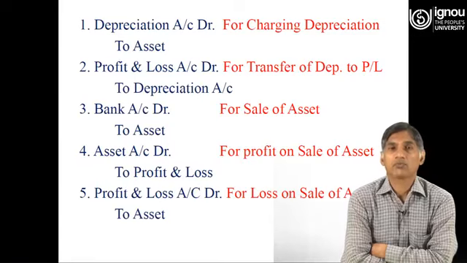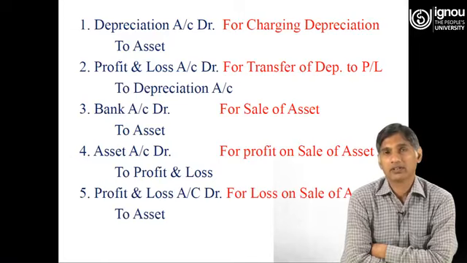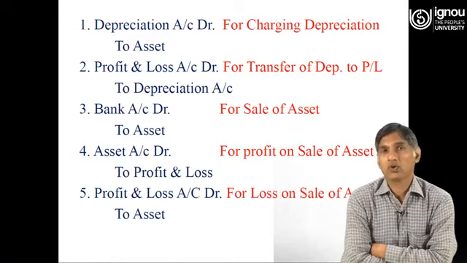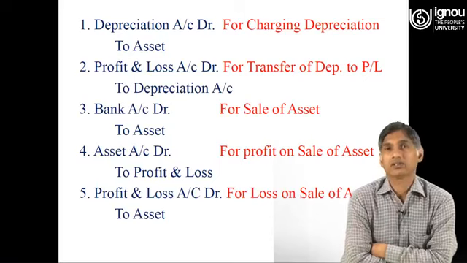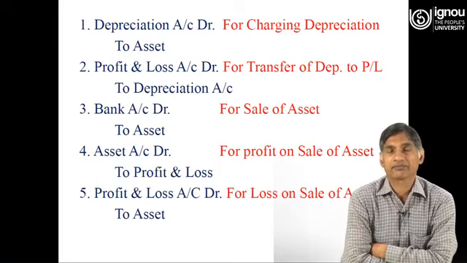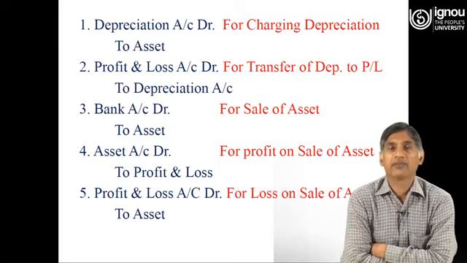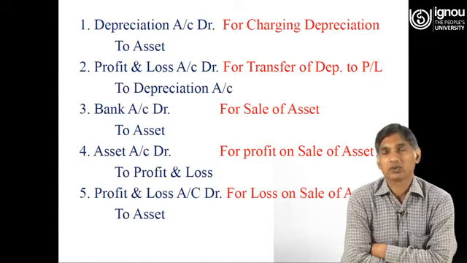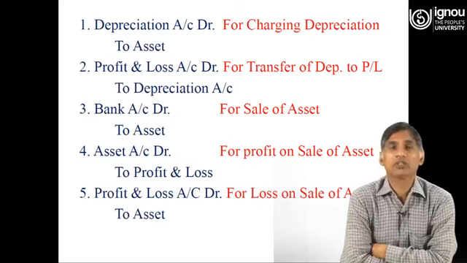Then for profit on sale of the asset. When the asset is sold, either it is sold at a profit or it is sold at a loss. So if we have earned any profit on account of sale of the asset, that profit will also be transferred to the profit and loss account.